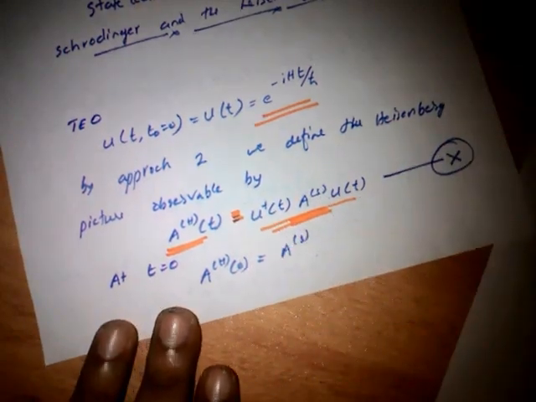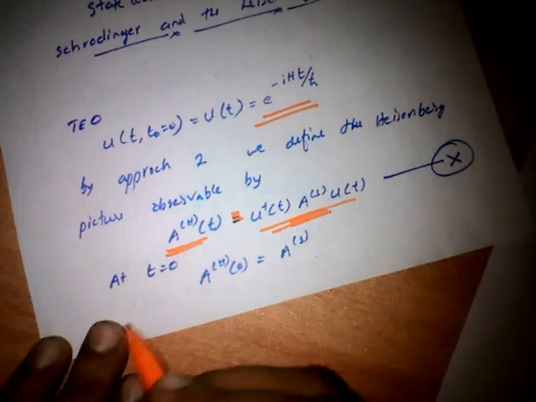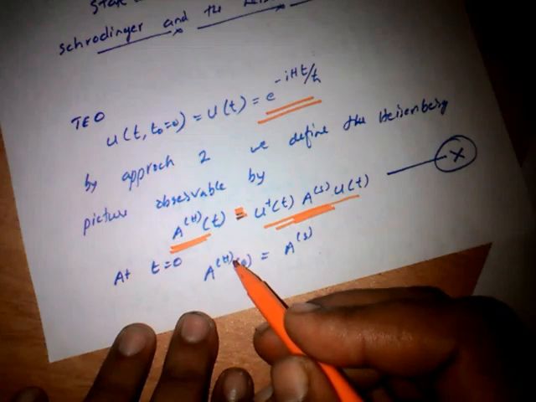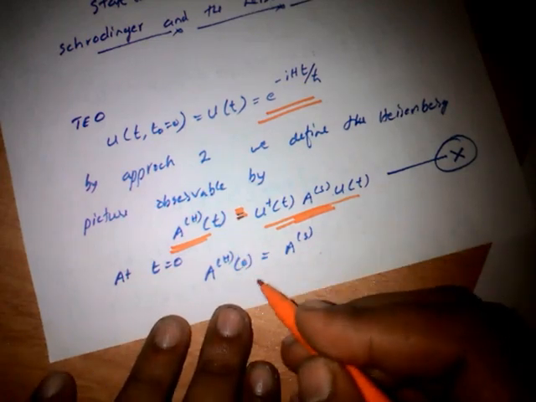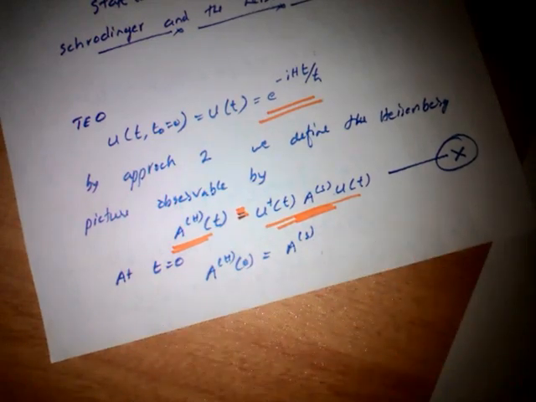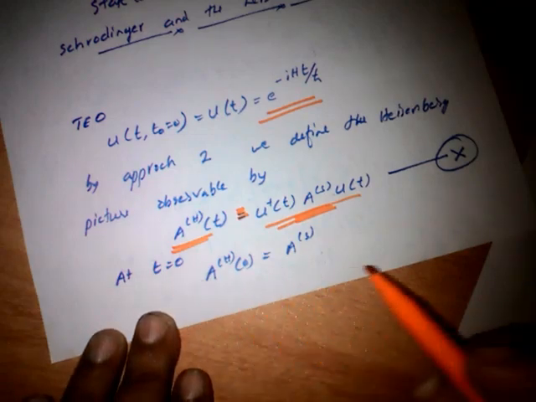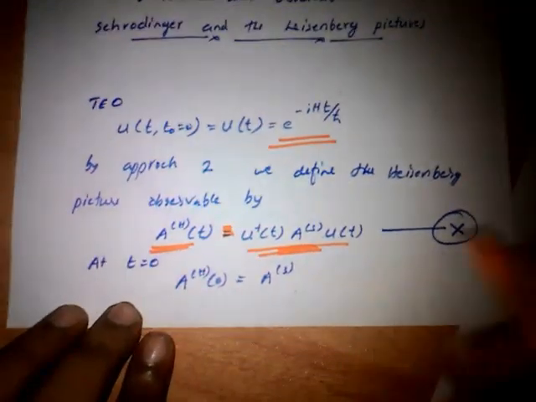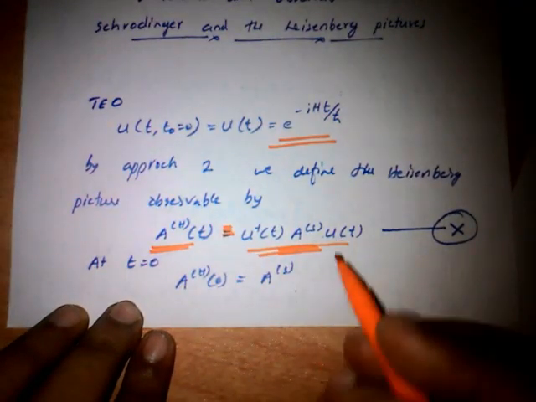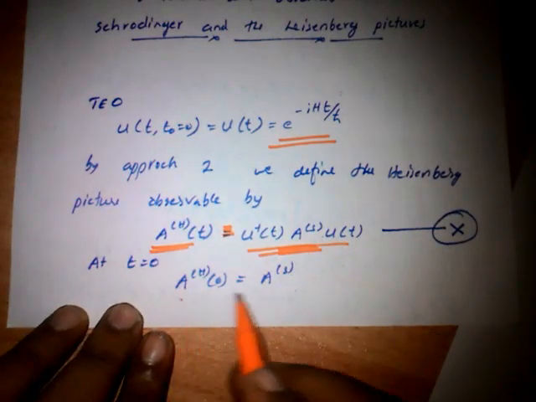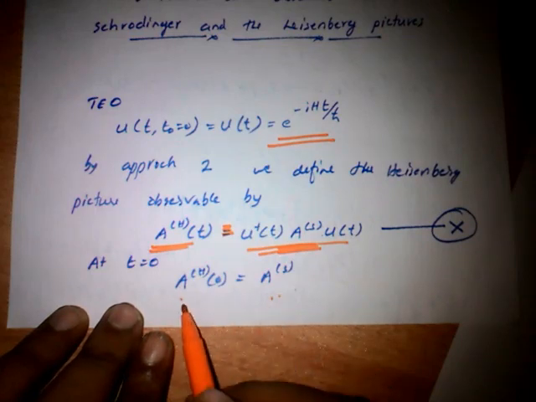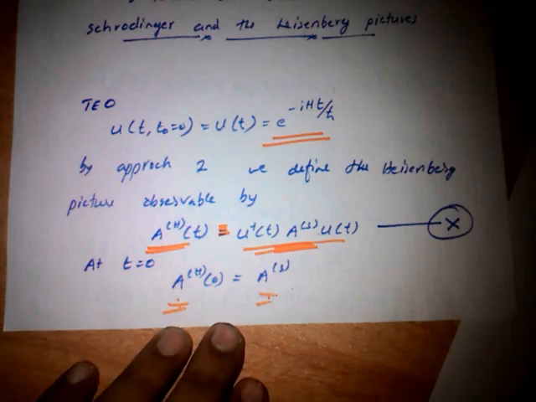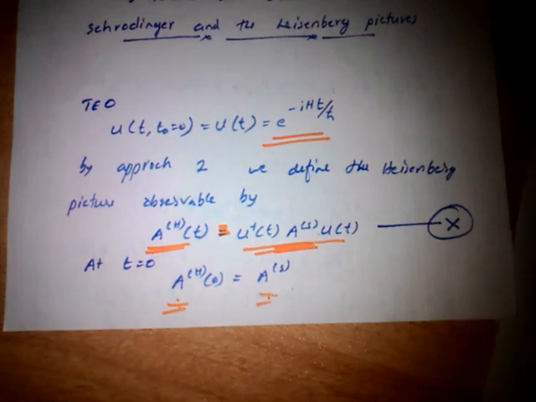At time t equal to 0, A in Heisenberg's picture at 0 equals A in Schrodinger's picture. The operator is changing with respect to time, and when time t equals 0, both pictures coincide. That means the operator in Heisenberg's picture is equal to the operator in Schrodinger's picture.